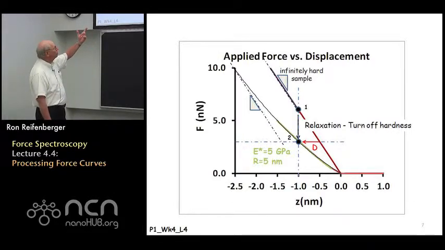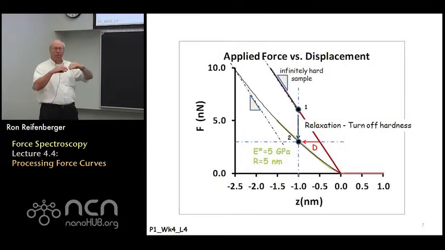And so here I just run through an example of that, showing you that it's kind of a two-step process. That's the way I like to think about it. I like to think about first putting the tip on an infinitely hard sample, finding out what force would be required for a particular value of Z. That's indicated by 0.1 in this slide.